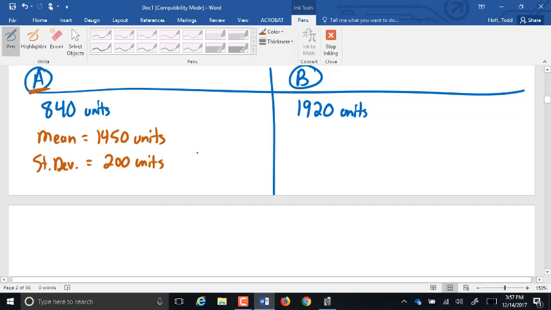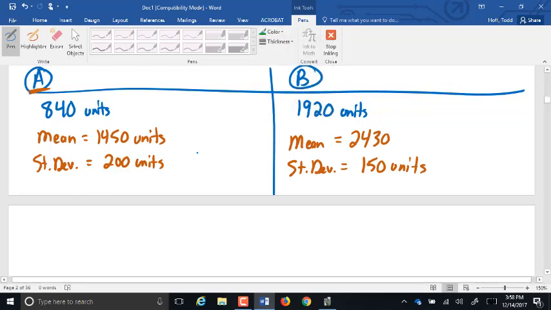For everybody that worked in the same department as employee B, the mean production was 2,430 units, with a standard deviation of 150 units.